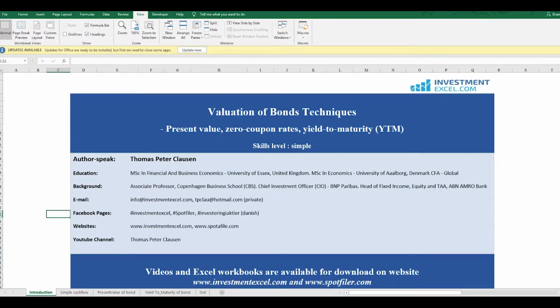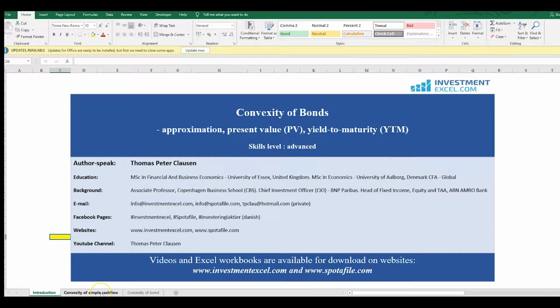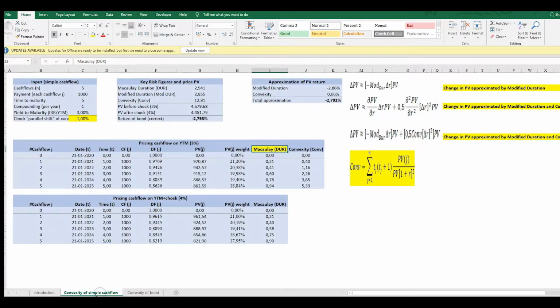Alright, let's kick off by looking at those nasty formulas in the convexity measure. Up here I will just start by referring to the modified duration measure as an approximation tool, and we can see that the change in the PV can be approximated by the modified duration measure.